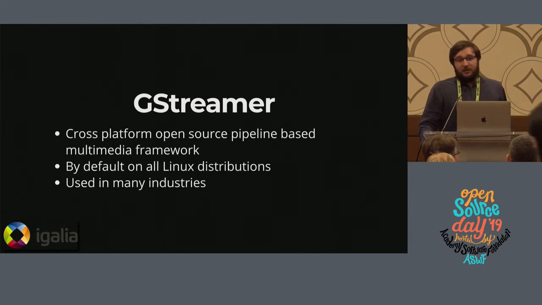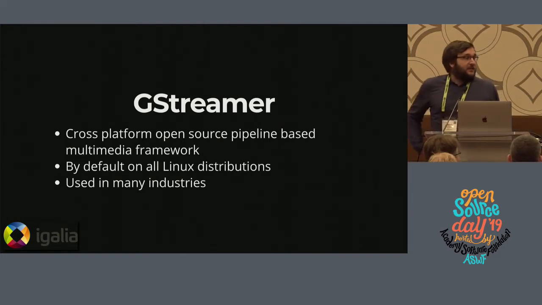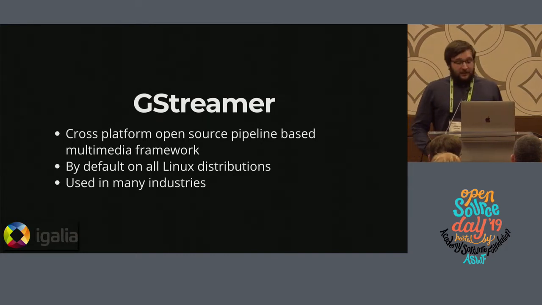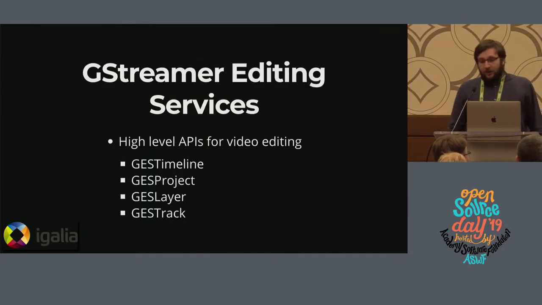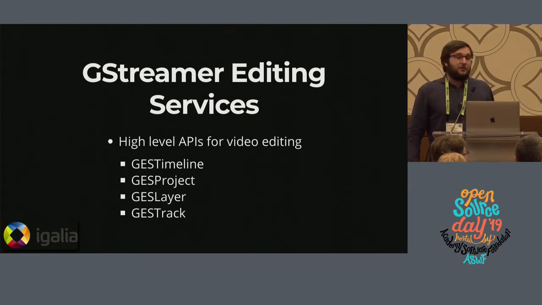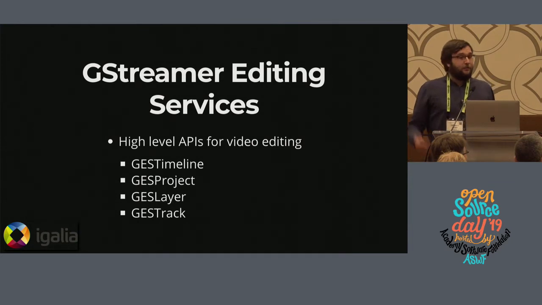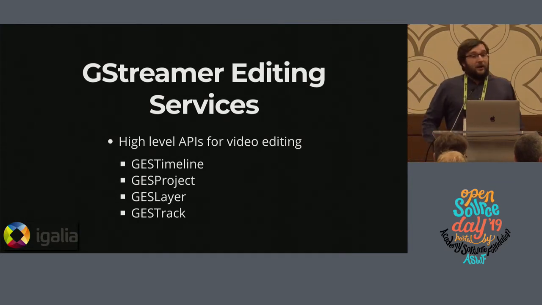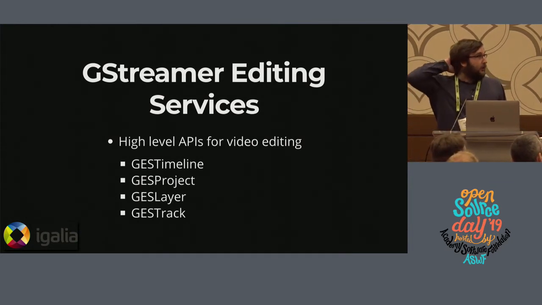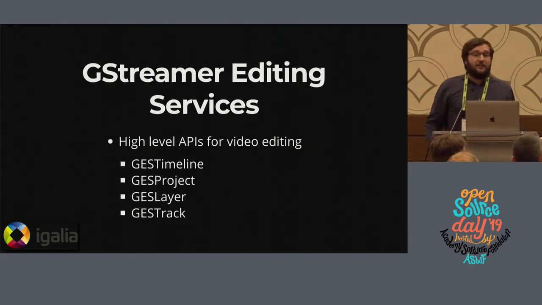And it's used in many industries, such as TVs, set-top boxes, rendering farms, and things like that. On top of that, we have the GStreamer editing services, which is a higher level API to do video editing only, like post-production video editing, where we introduce high-level concepts such as timeline, projects, layers, tracks, etc.